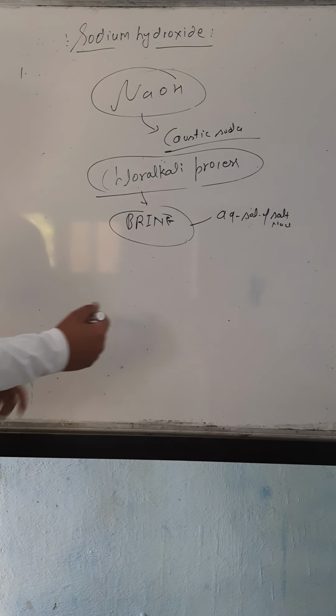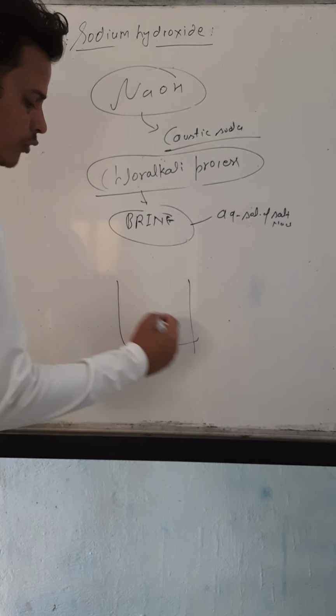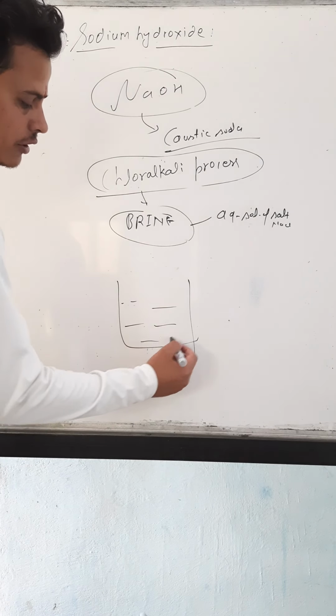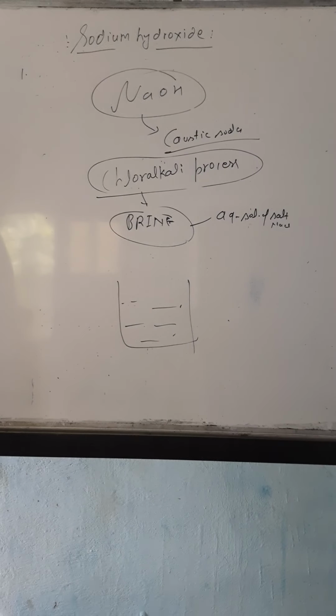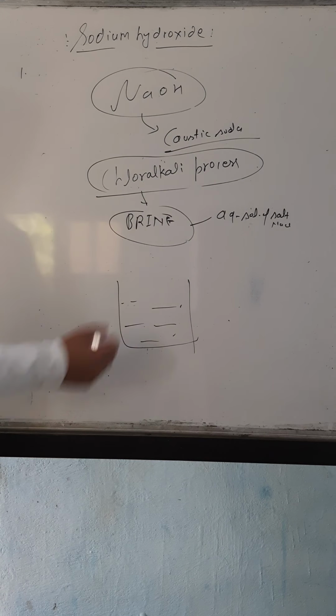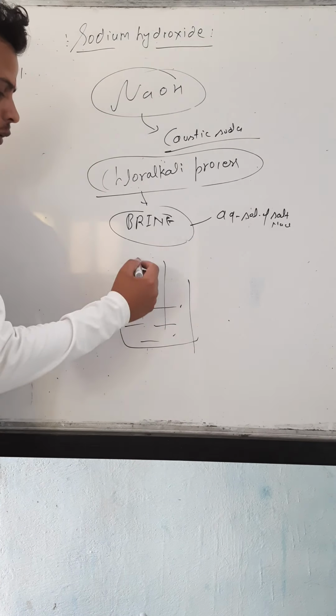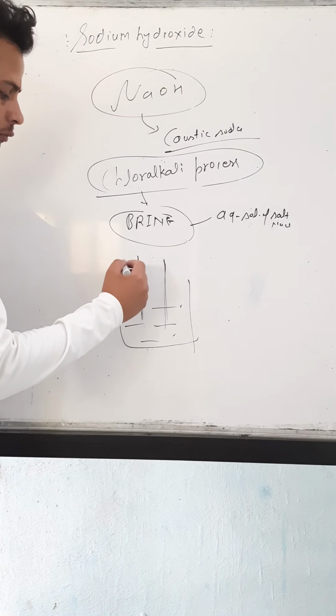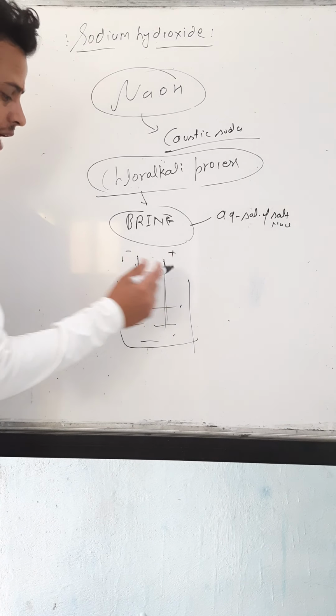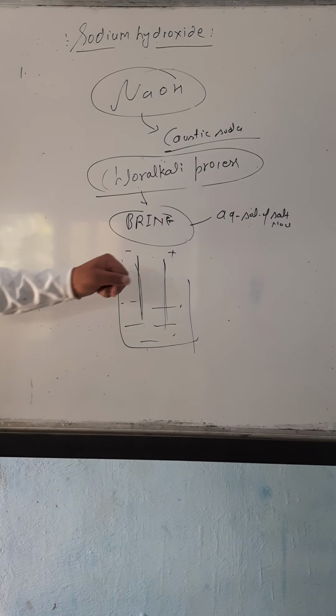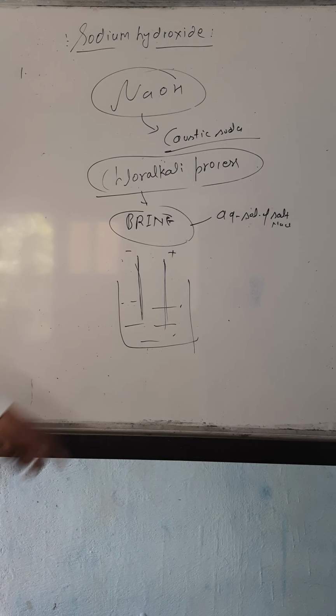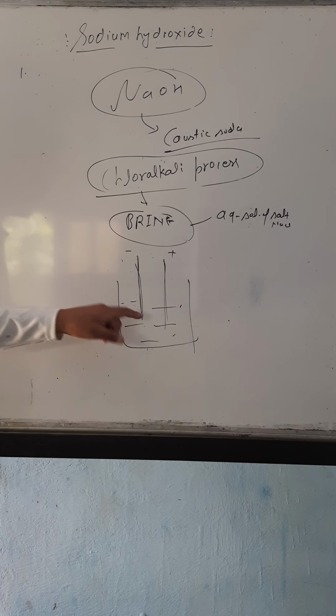Now what will you do? You will take the aqueous solution of the common salt. Then you will have two electrodes, one known as the cathode and one known as the anode. Now you have the aqueous solution of common salt, which is brine.